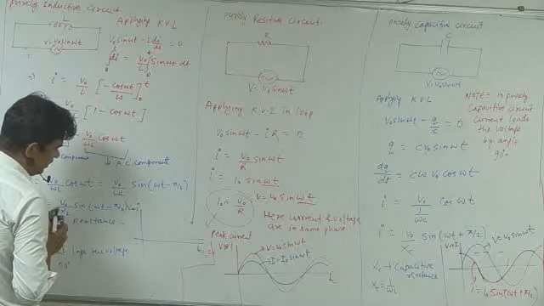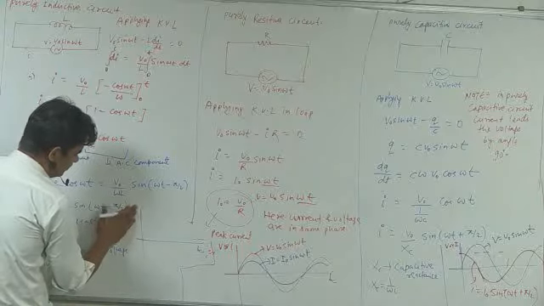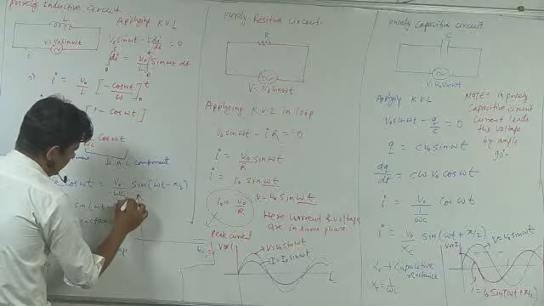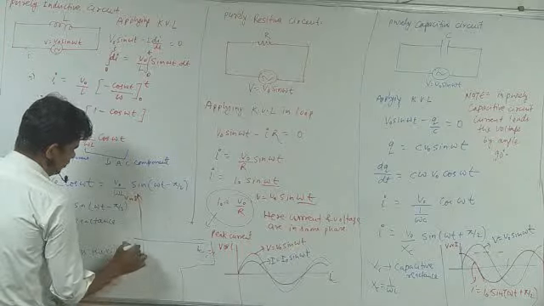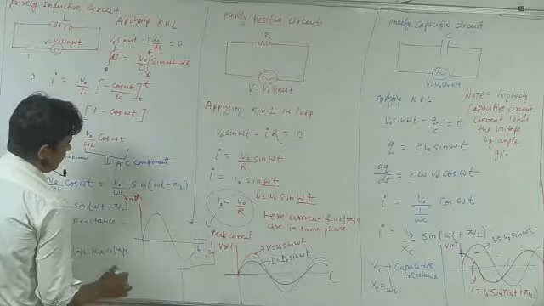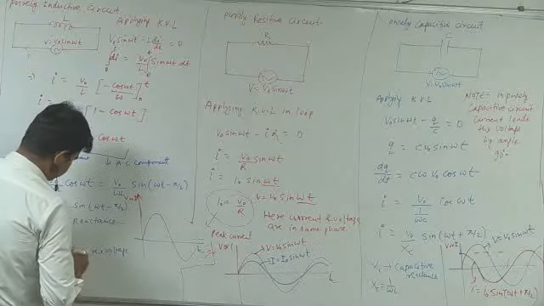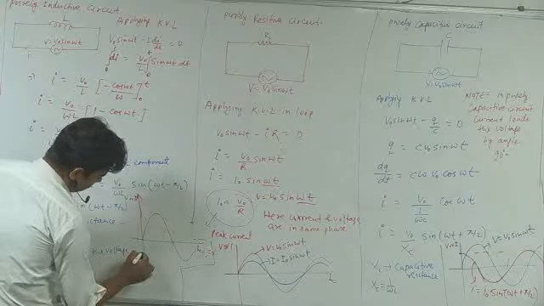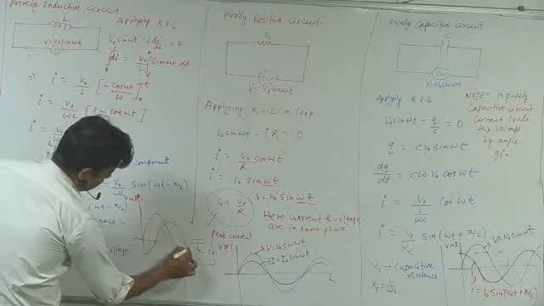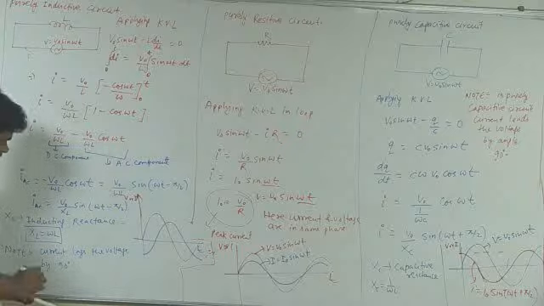And if you see the current versus time profile, I versus t or V versus t, the profile will be like this. V is like this way and current is like this. Okay.